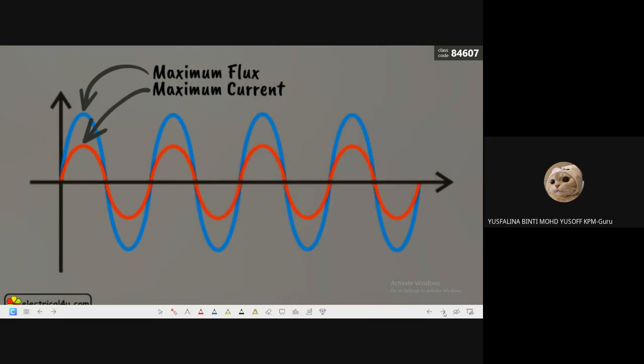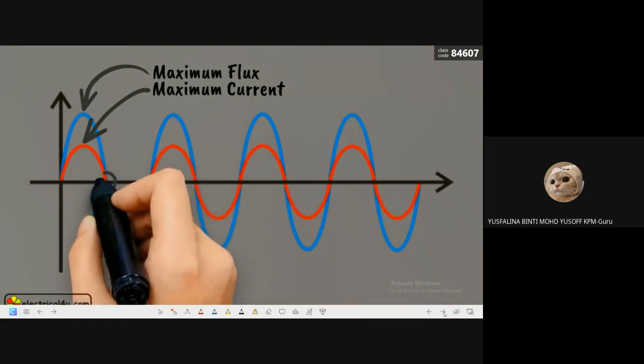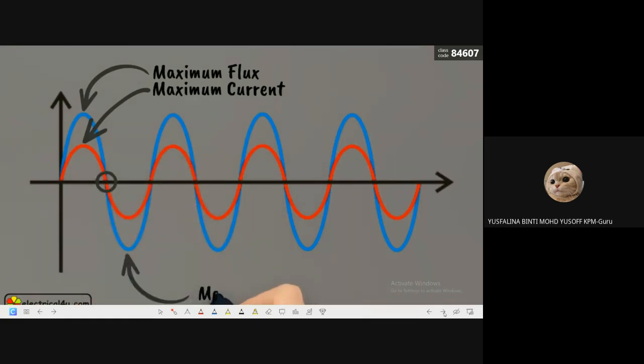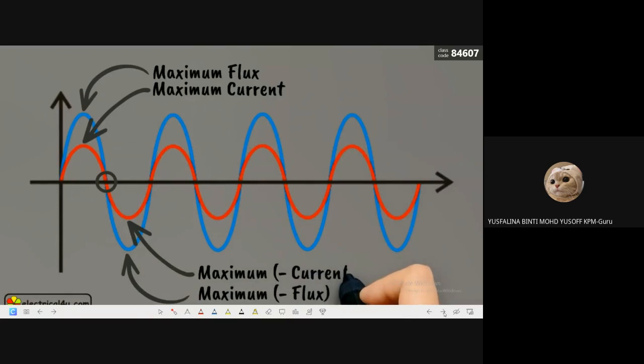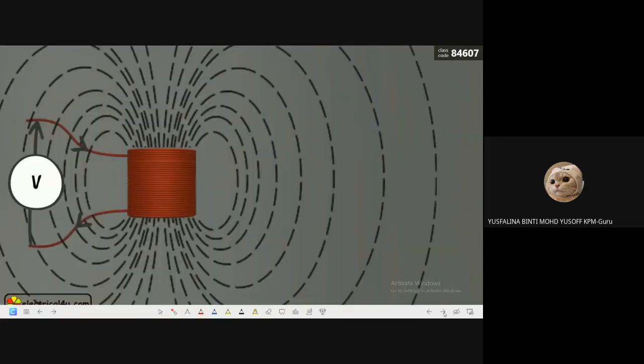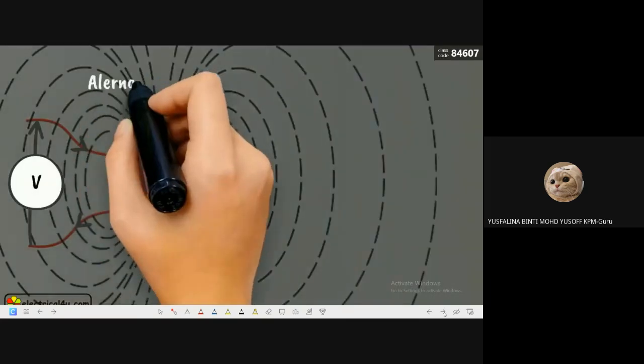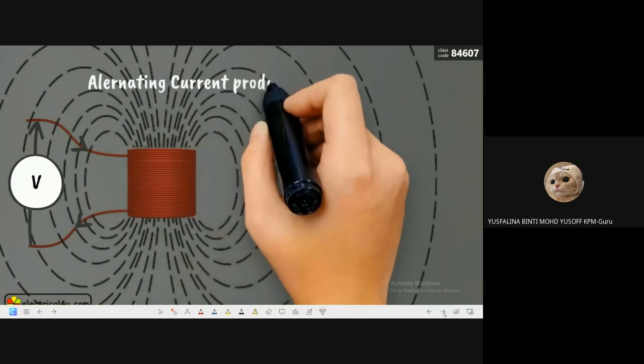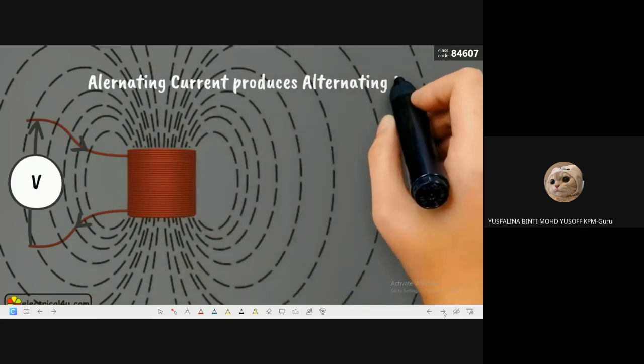The flux becomes zero when current in the coil crosses zero axis. Again, for the next half cycle, the flux becomes maximum but in opposite direction when current reaches its reverse maxima. In this way, alternating current produces continually varying flux surrounding the winding.